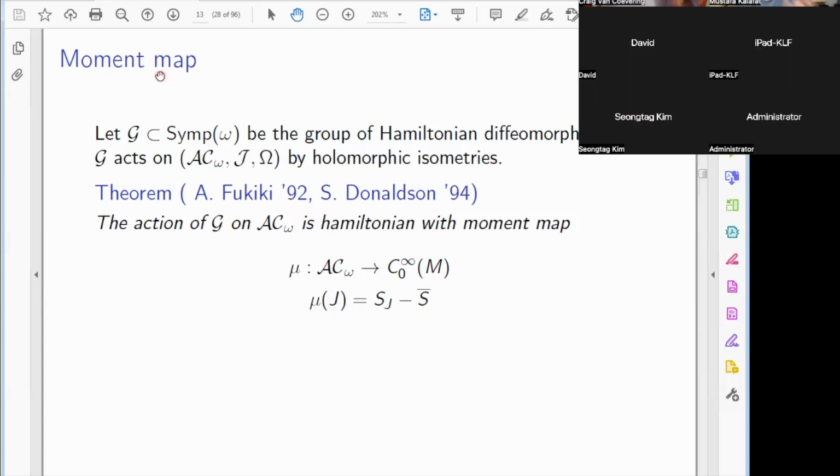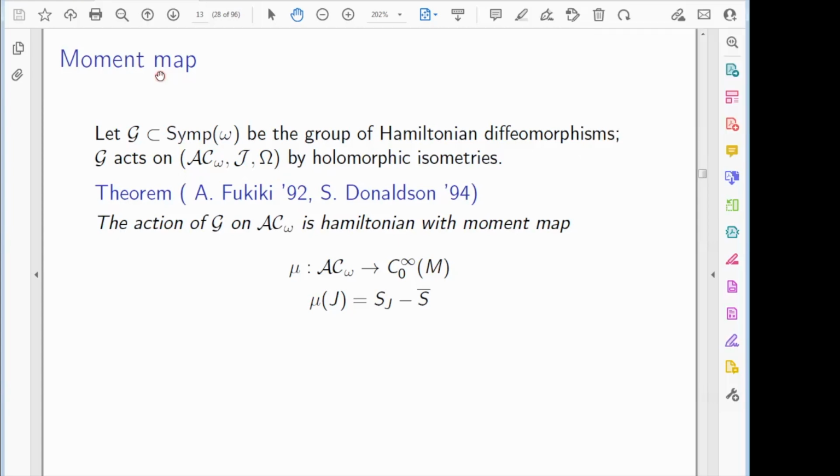So at t equals 0, it's the identity, and at t equals 1 it's the given map, so that the path is generated by Hamiltonian vector fields.